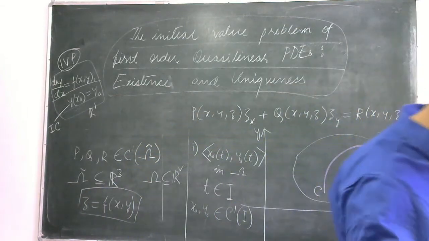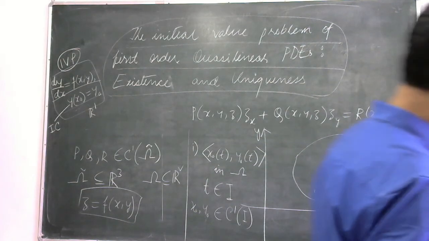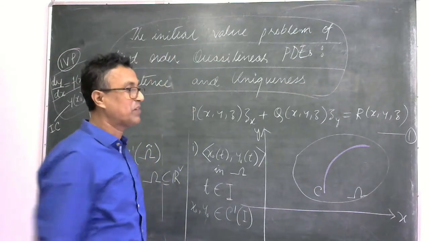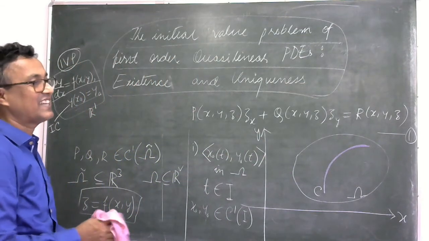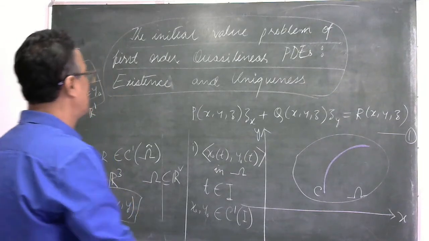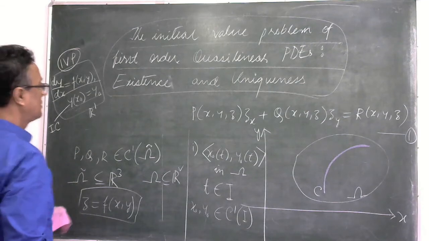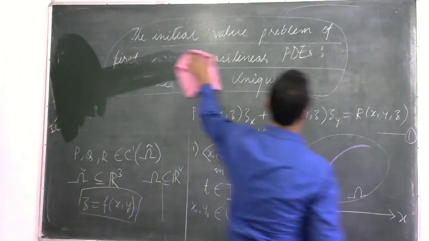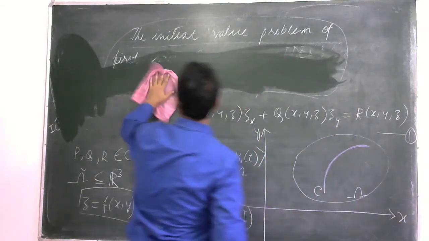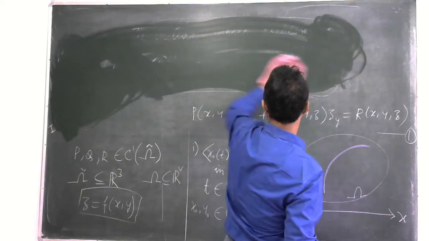Parameterization, you guys have become an expert now, I guess. I have simply defined a curve in omega, but I still haven't defined any initial conditions. How is that going to constitute an initial condition?